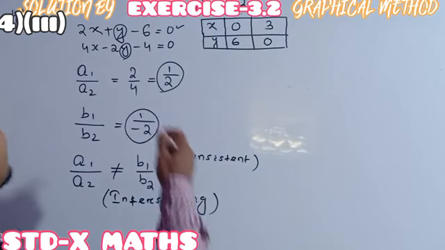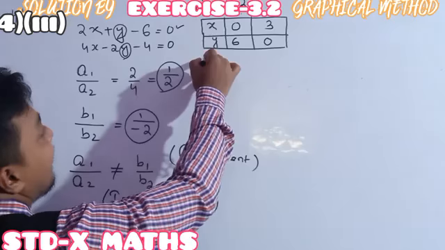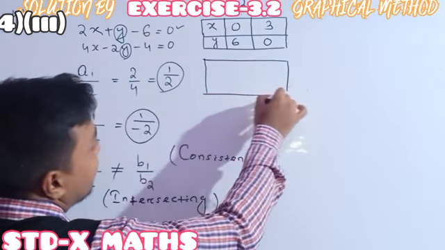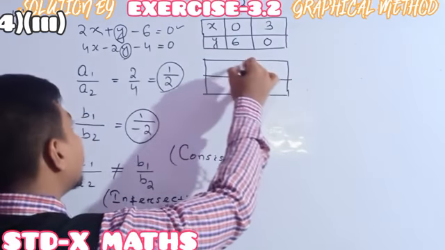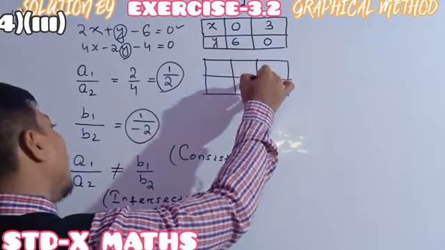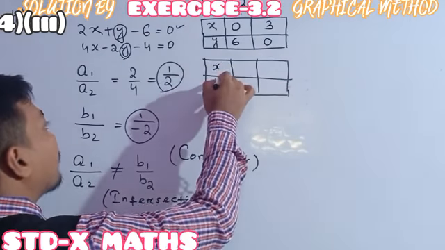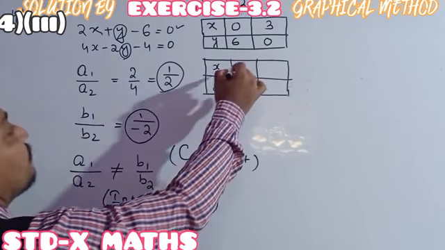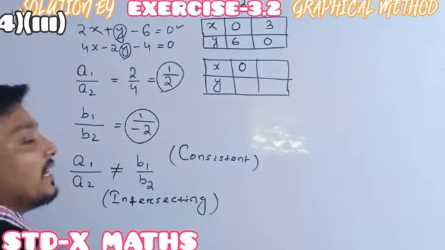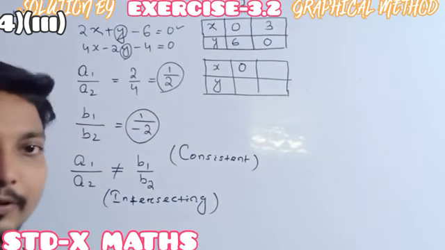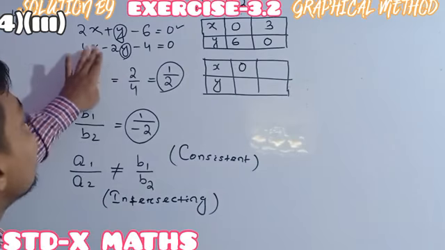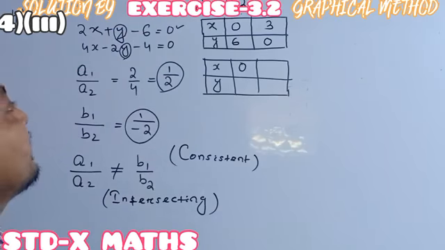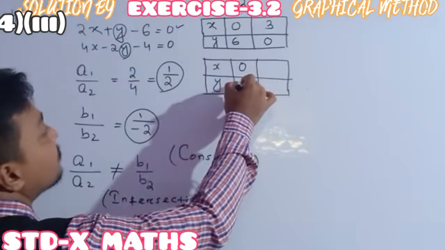Ready? For the second one, we must draw another table, with x and y. First we put the easy value, x equal to 0. Otherwise, any other value can also be put. On putting x equal to 0 in the second equation, minus 2y is equal to 4, so y is equal to minus 2.